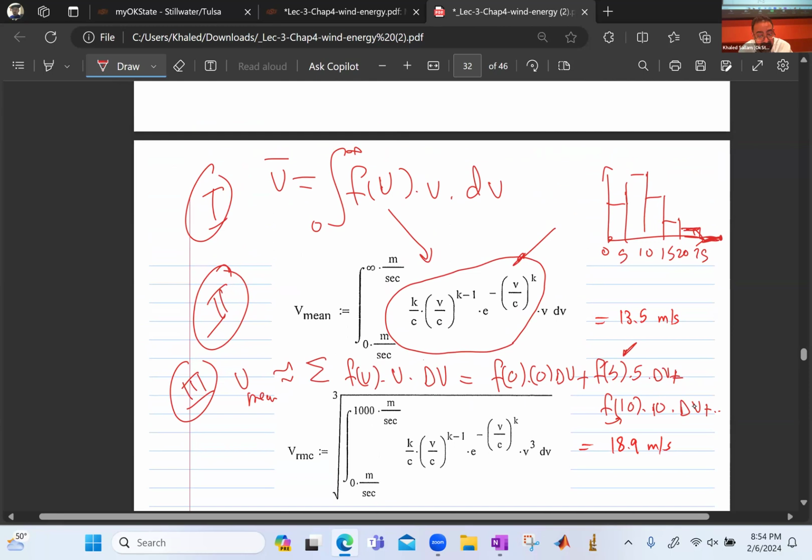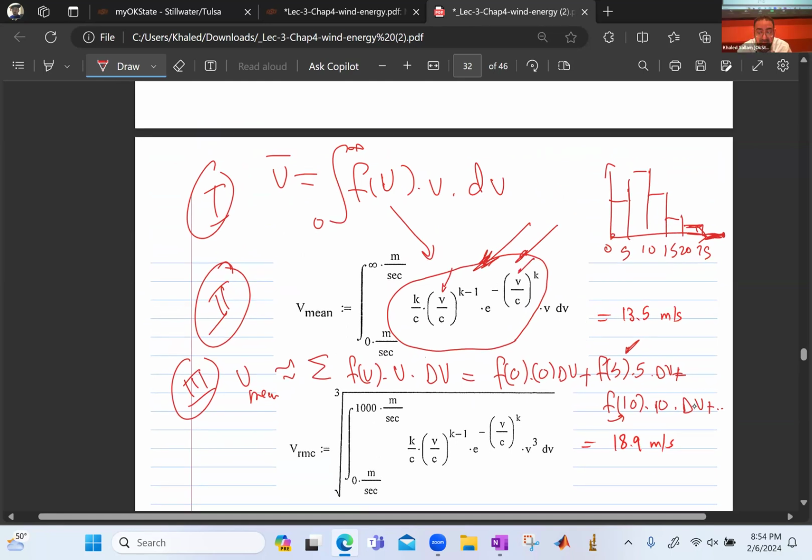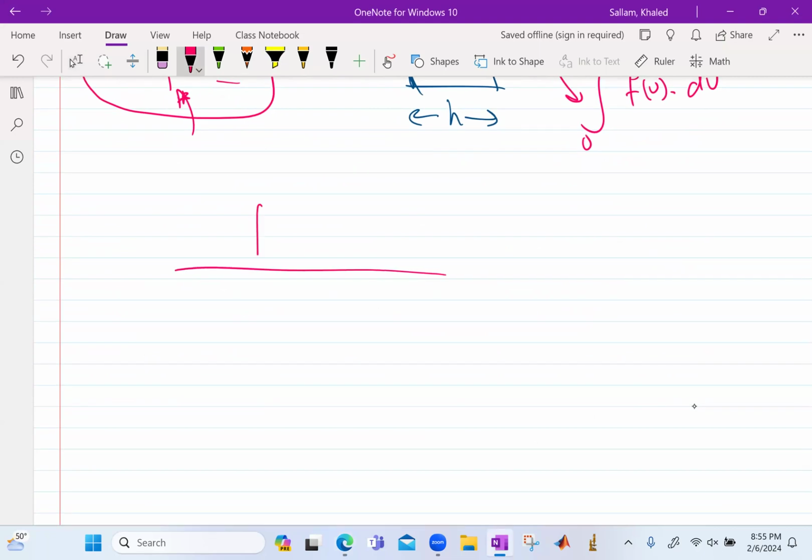With this equation, right? This thing in between is the f of v. So you put v here 5 and v here 5, and k and c are given to you. The way to solve this is you have to make a table in the answer sheet in the exam.